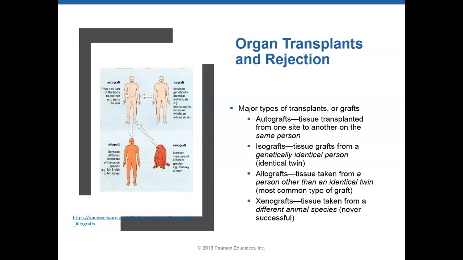On burn patients, they use certain fish scales as the tissue to cover the burn, and this actually is very beneficial. It keeps that burn from getting infected, and then their own skin can grow at some point.